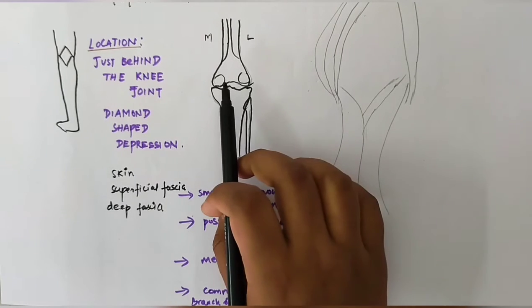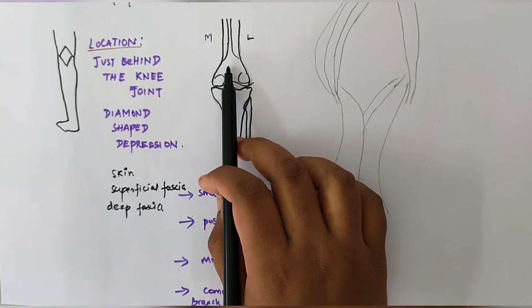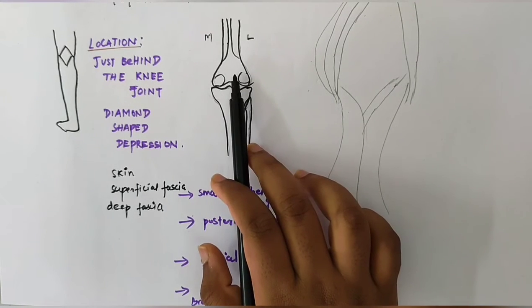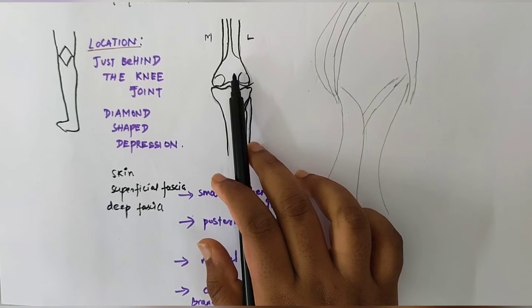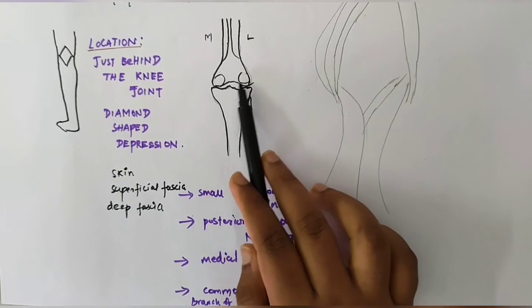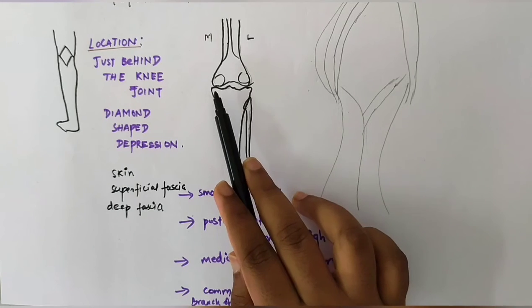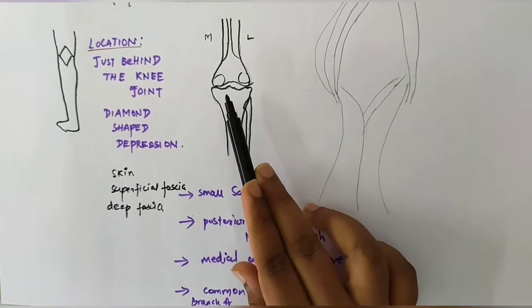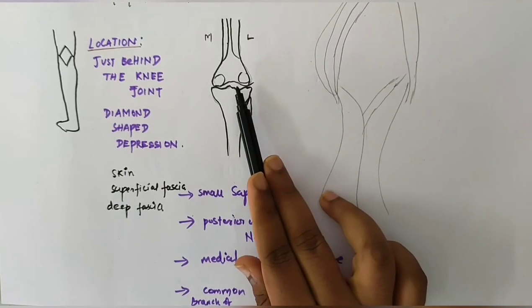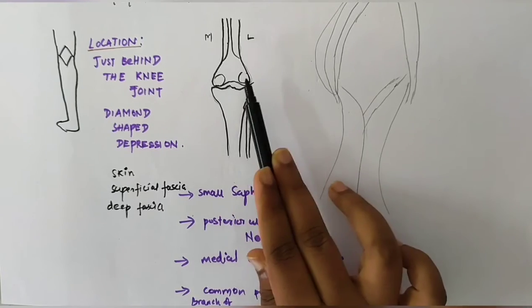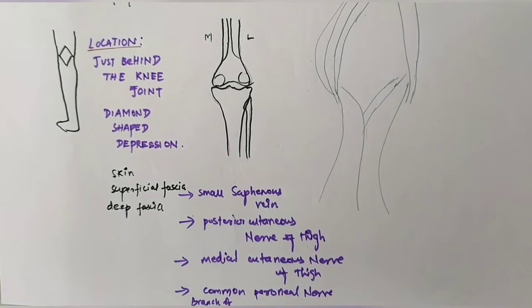And also the ligament, oblique popliteal ligament. And then we have popliteal muscle here. This muscle is covered by the fascia called popliteal fascia. So this popliteal fascia also contributes to the floor of the popliteal fossa.